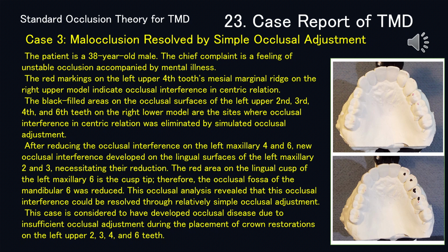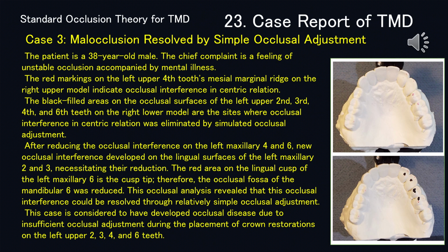After reducing the occlusal interference on the left maxillary 4 and 6, new occlusal interference developed on the lingual surfaces of the left maxillary 2 and 3, necessitating their reduction. The red area on the lingual cusp of the left maxillary 6 is the cusp tip, therefore, the occlusal fossa of the mandibular 6 was reduced.